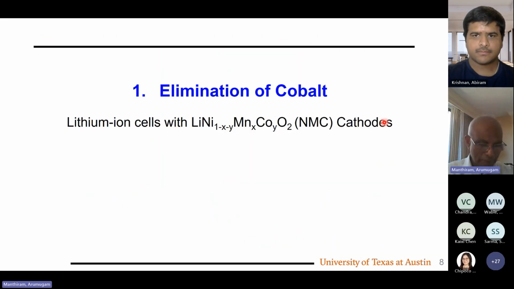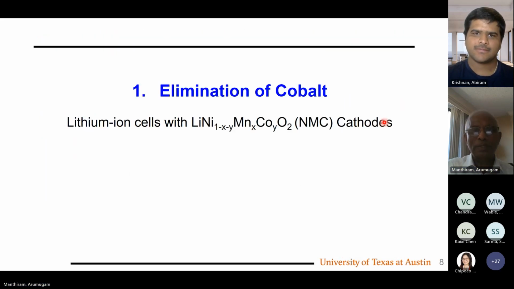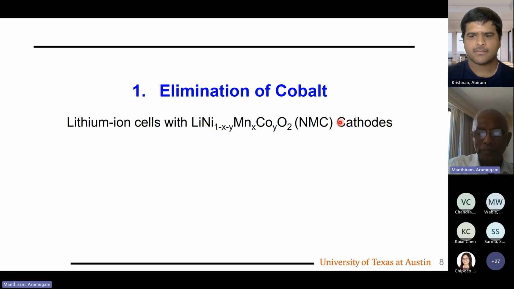With that, the time is short, so I'm going to tell you a few examples. Do we have some results we can see, so that we can see, yes, it can become potentially possible? So I'm going to show you some results. First, elimination of cobalt. So this is called lithium nickel manganese cobalt oxide, NMC cathode.